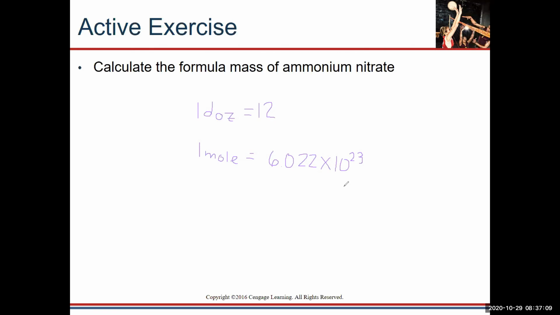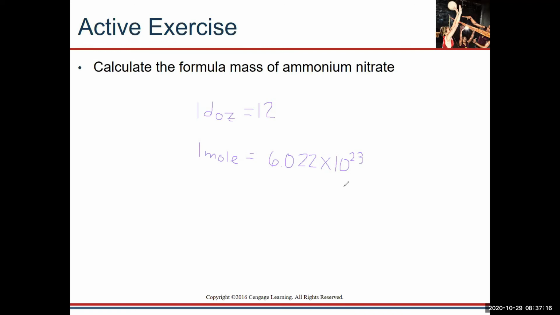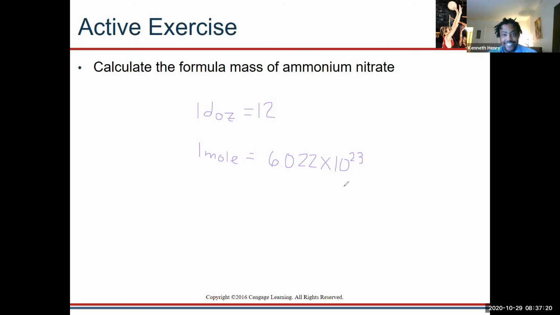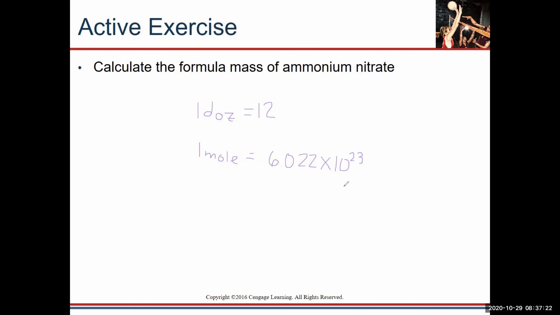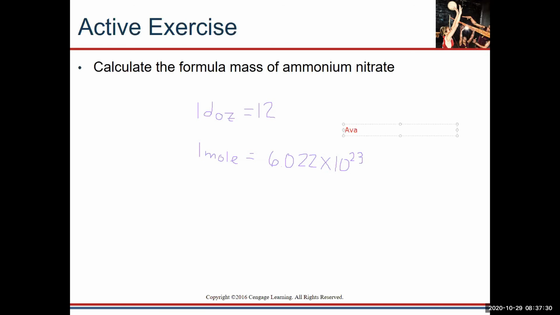Okay, 6.022 times 10 to the 23rd. This sounds familiar from a high school chemistry class. Excellent. And then I remember some guy with a name that sounds like avocado. That's right, Avogadro. That's the guy.